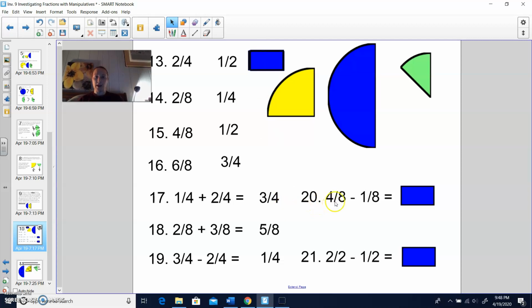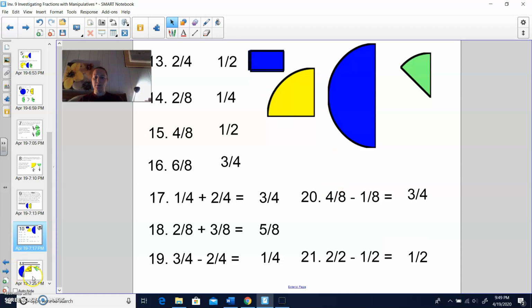If I have 4/8 and I take away 1/8, what do I have left? 3/8. Okay, if I have 2/2 and take away 1/2, what am I left with? 1/2.